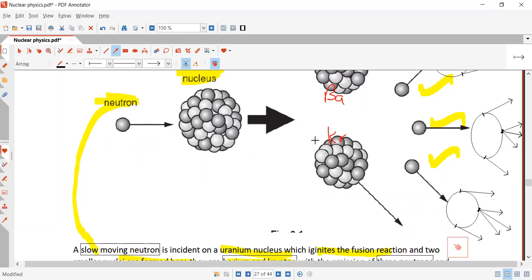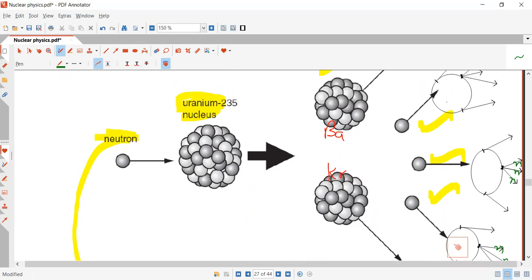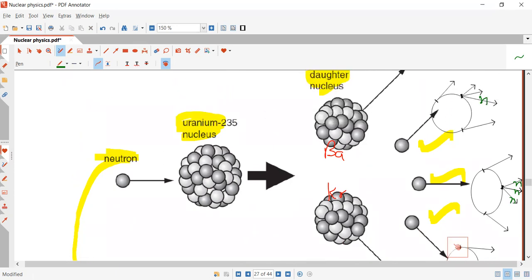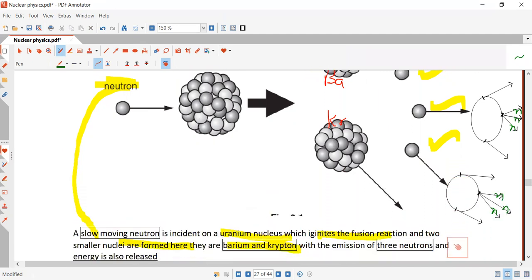So, students, how many neutrons are released in the second step? We can count them: 1, 2, 3, 4, 5, 6, and 7, 8, and 9. 9 neutrons are released in the second step.